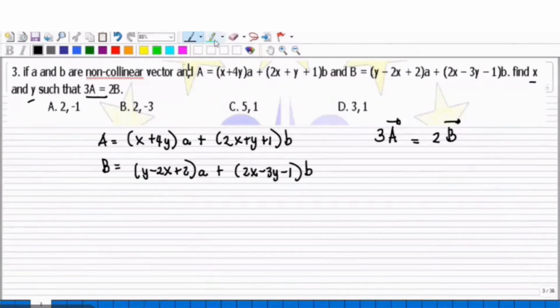Okay, but how about this one? Okay, so nakikita natin is in terms of a and b. Okay, so imbis na i, j, k, so naka a at saka b siya. Okay, so parehas din yan. Okay, ibig sabihin lang yan, nasa a axis yung mga terms na to. And yung ating mga kasama ng b, so this is in the b axis naman. Okay?